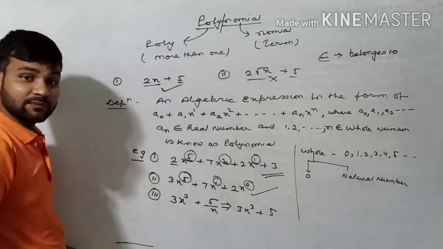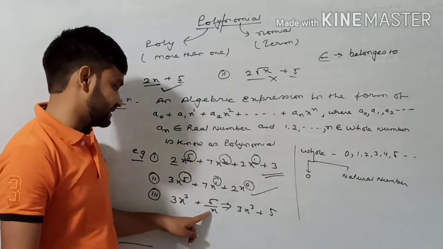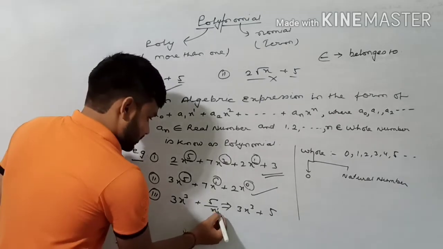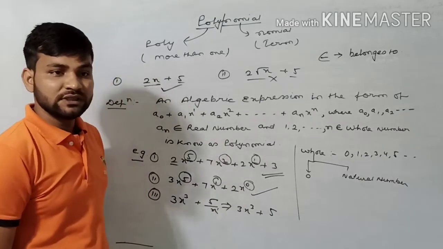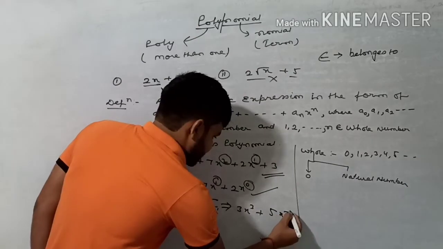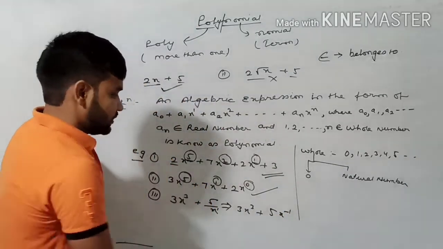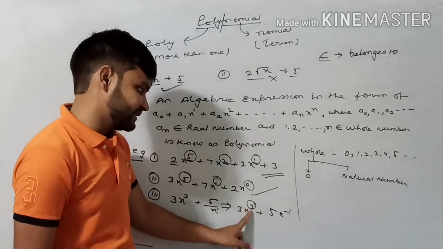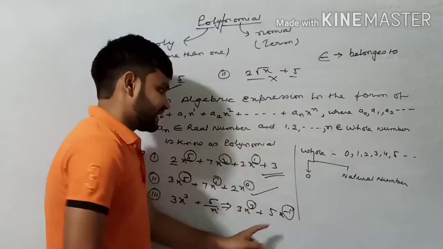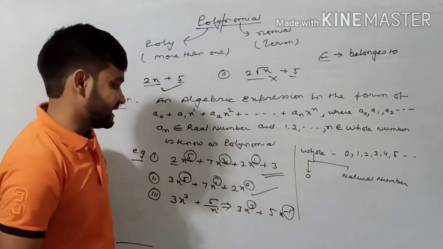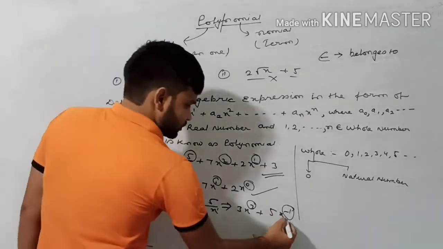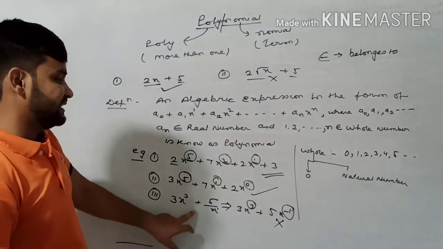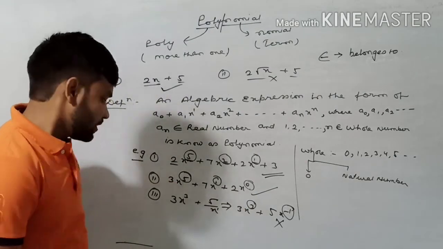We did exponents and powers in class 9th as well as 8th: if x to the power 1 in the denominator is sent to the numerator, it becomes x to the power minus 1. So the powers of x are 3 and minus 1. Is minus 1 a whole number? No, minus 1 is not a whole number. So this algebraic expression is not a polynomial.